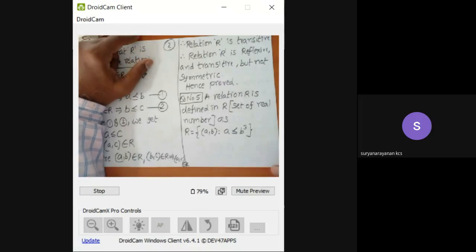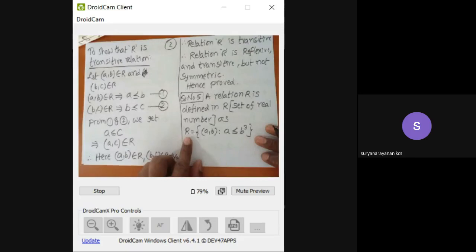Thank you, my dear Stans Johnson, for reading the question. See here, question number 5. A relation R is defined in set R, the set of real numbers. How is the relation R defined? The set of all ordered pairs A comma B such that A is less than or equal to B cube.